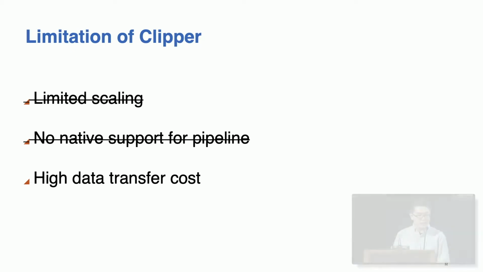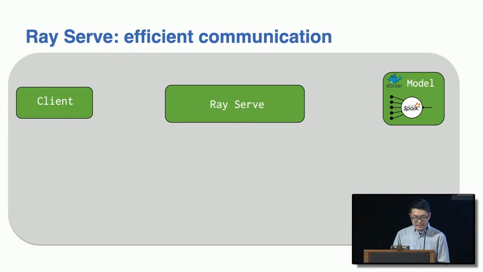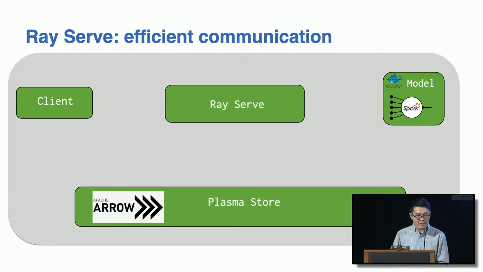Lastly, let me quickly talk about how Serve handles the data transfer cost. Let's say a client wants to send a request to Serve. In Serve now, we have a new component. That is the Apache Arrow Plasma Store. Plasma Store is an in-memory object store inside Ray, which is something you have played with today.